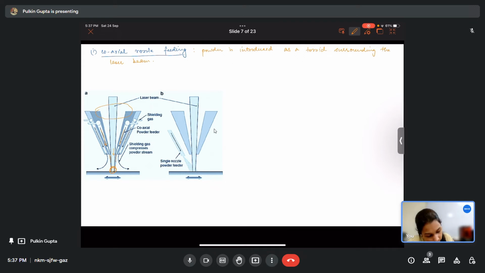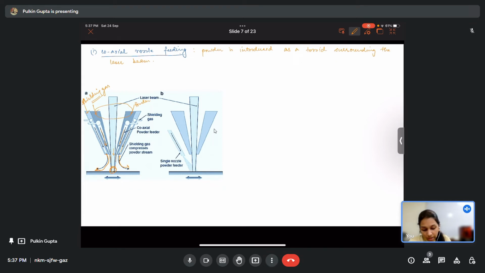And this is your powder, and this is your shielding gas, which prevents the oxidation. So it basically forms a cover over this.